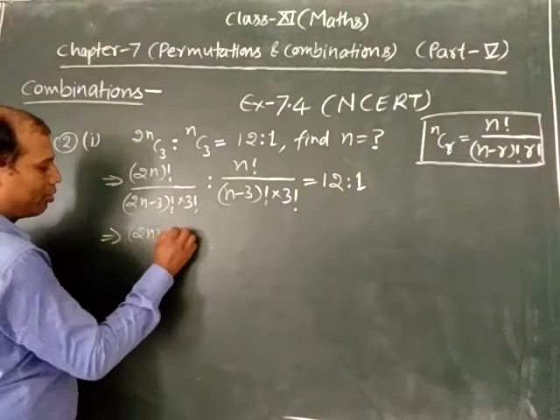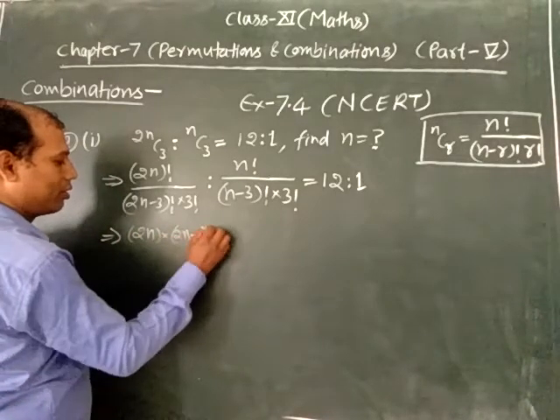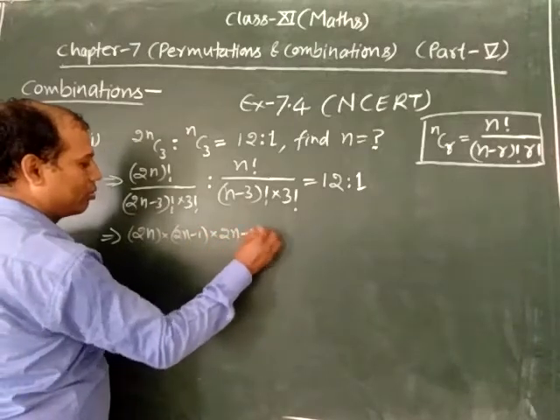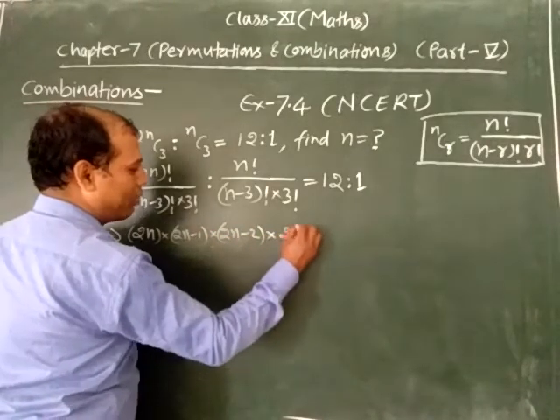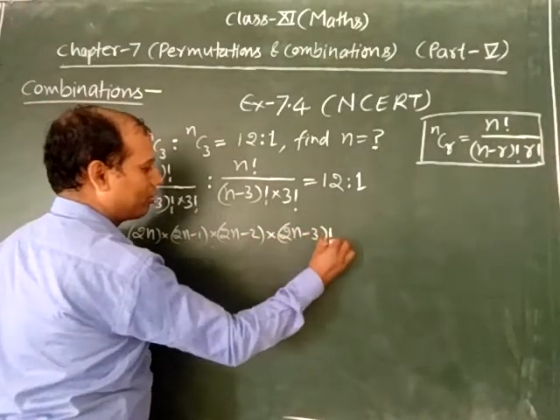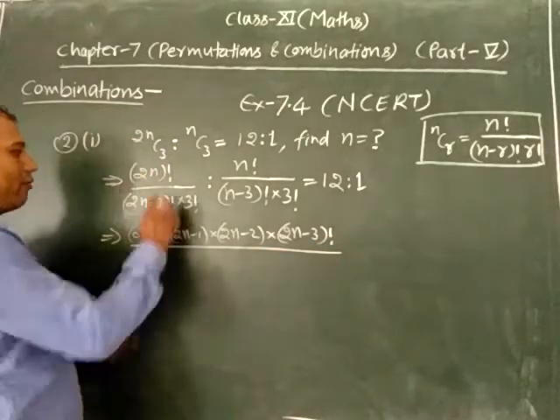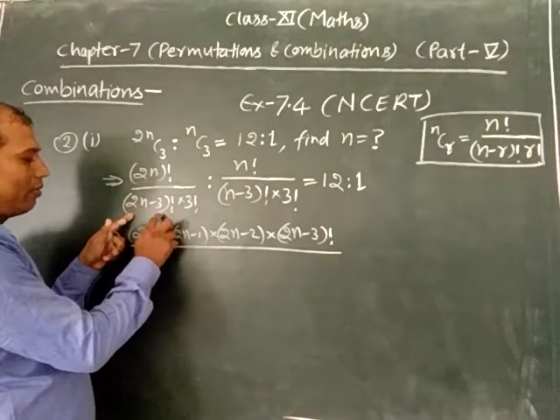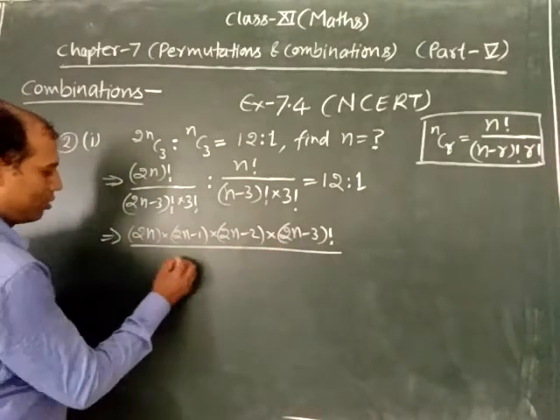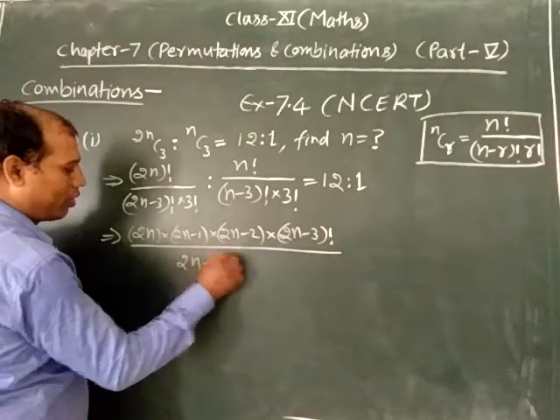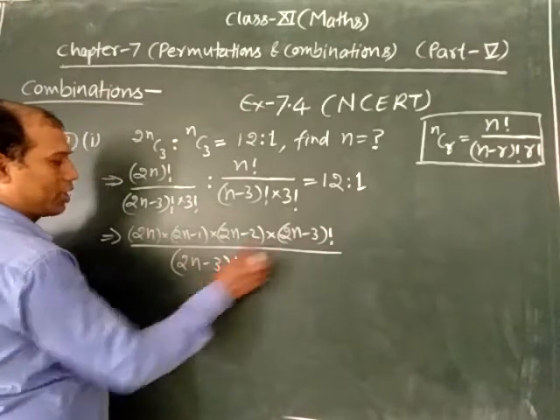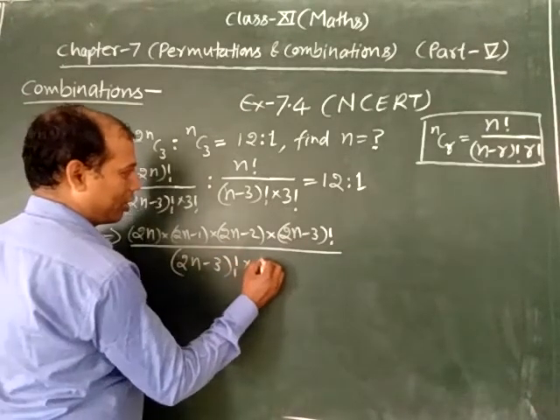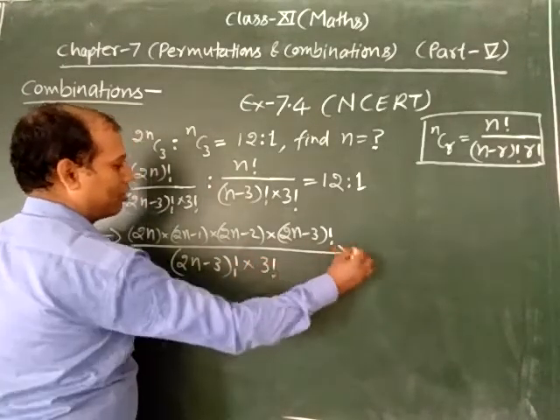This can be written as 2n into 2n minus 1 into 2n minus 2 into factorial 2n minus 3. We have extended factorial 2n up to the value 2n minus 3. We do this because this term is cancelled out with the denominator term and the value of factorial 3.